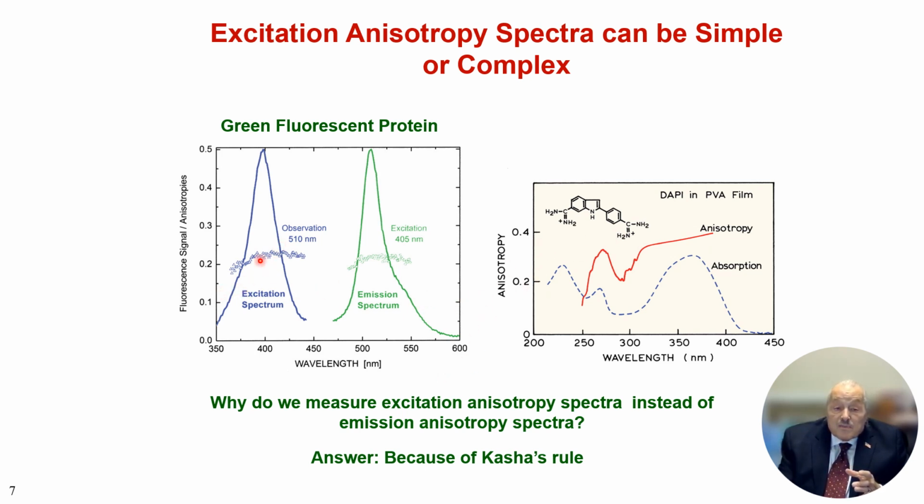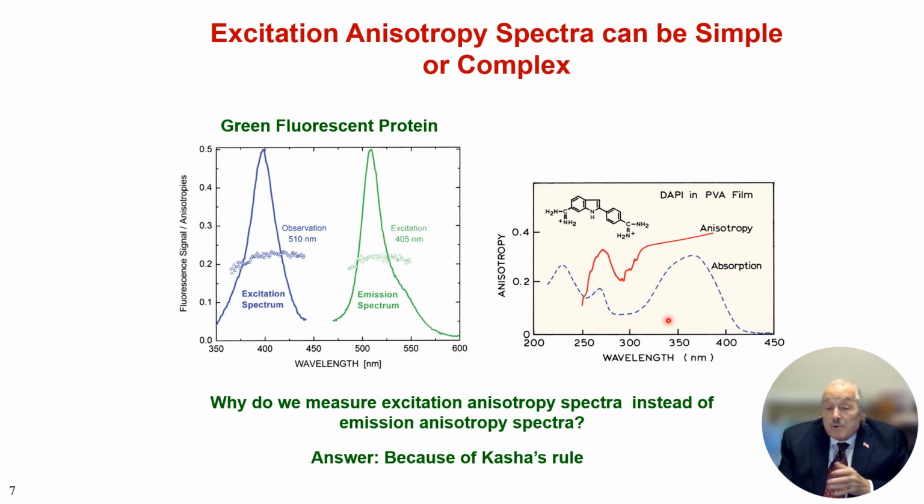If we do this for green fluorescent protein, we find nothing very interesting. Basically, the anisotropy is, within experimental error, flat across the emission band and flat across the absorption spectrum. But that's only true for very few molecules.